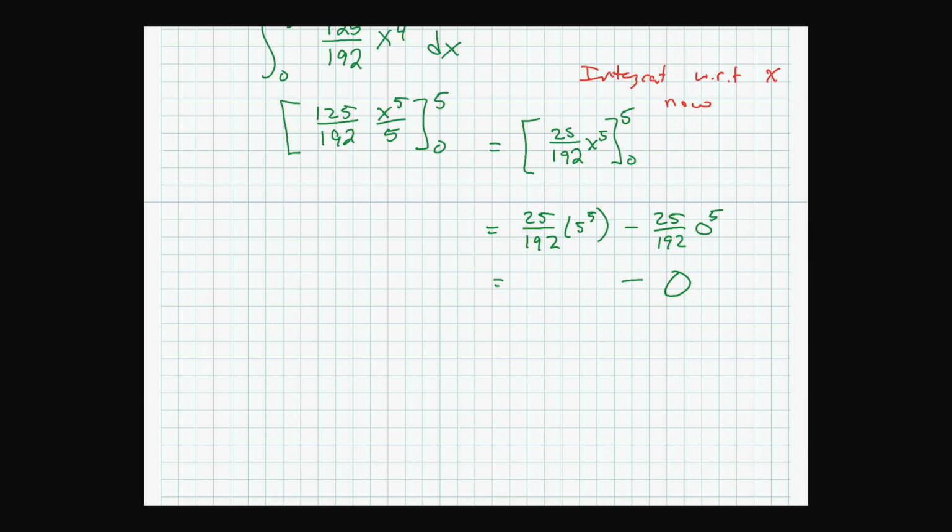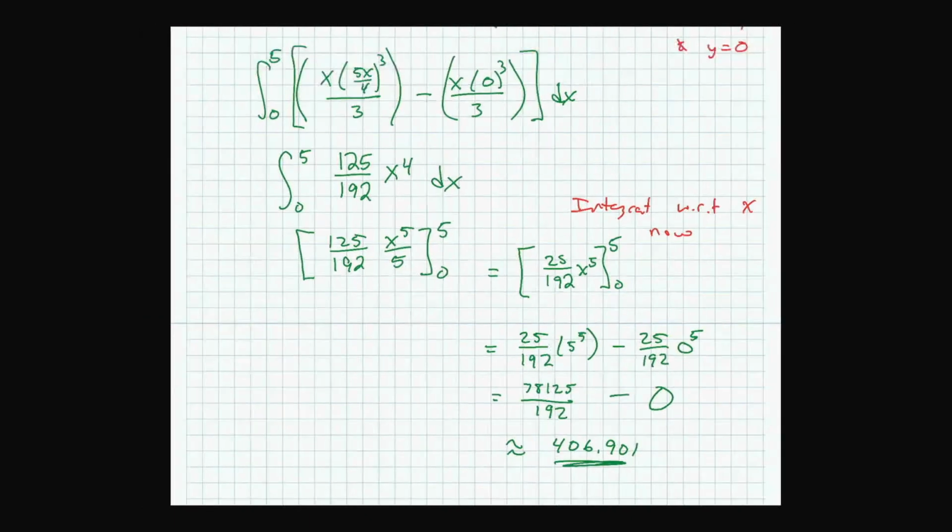So my calculator won't convert the fraction to a decimal, but it's 78125 over 192, or approximately 406.901. Now, some of the problems are going to need an exact answer in the homework, and some of them are going to need a decimal approximation. They'll tell you how many decimals you need if you need a decimal approximation.